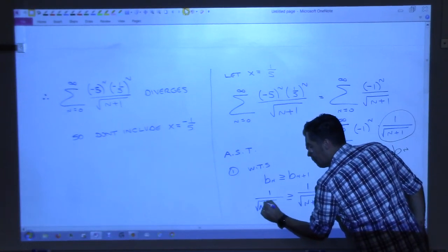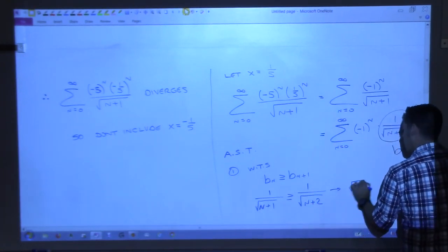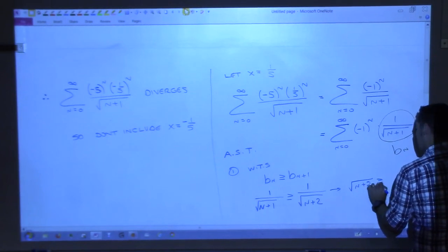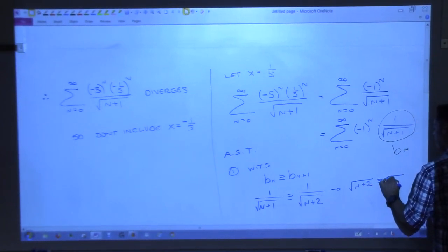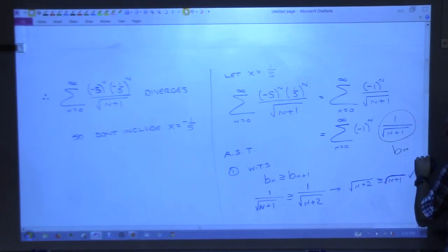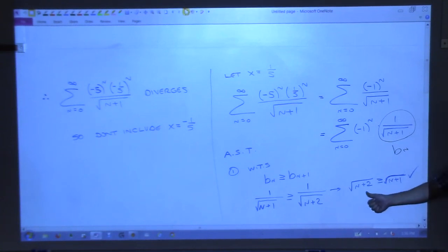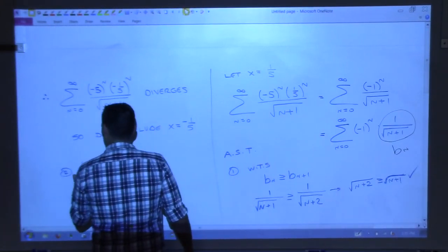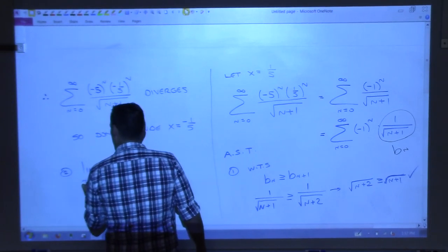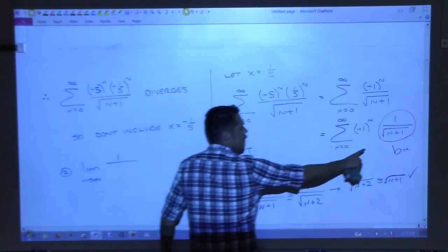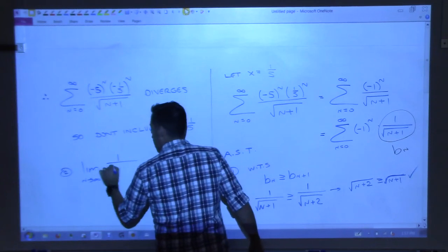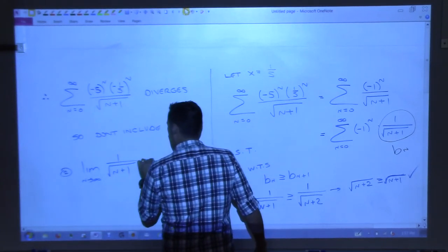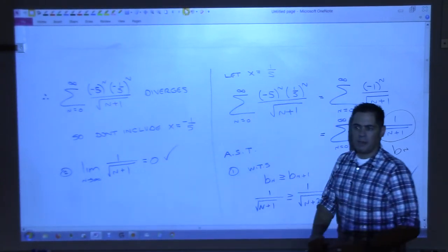Yes. You could cross multiply if you want. Root n plus 2 is bigger than or equal to root n plus 1. I think that's a point we could all agree. That side's bigger than that side. So first thing's verified. Second thing that we have to show is what? Limit as n goes to infinity of B sub n goes to what? 0. And it does, right? That's an obvious limit.